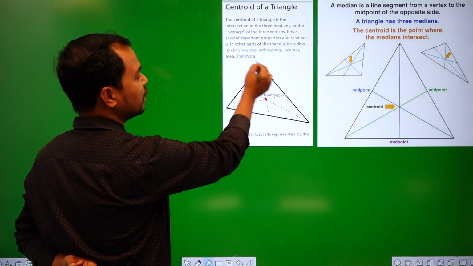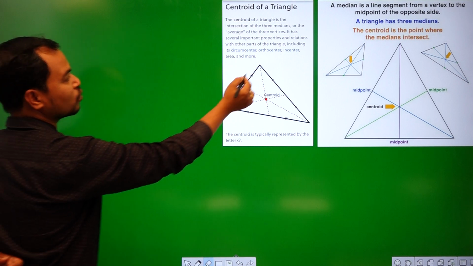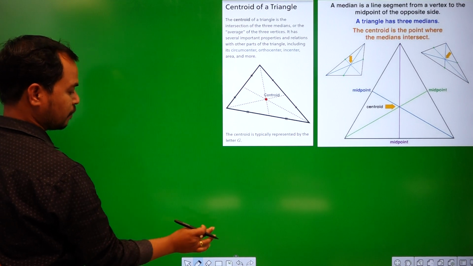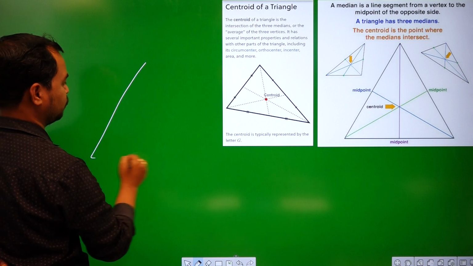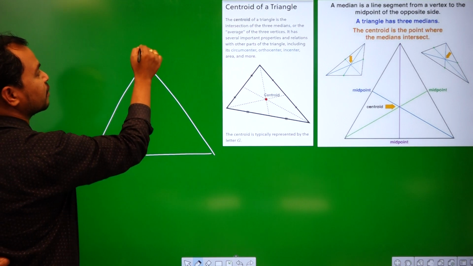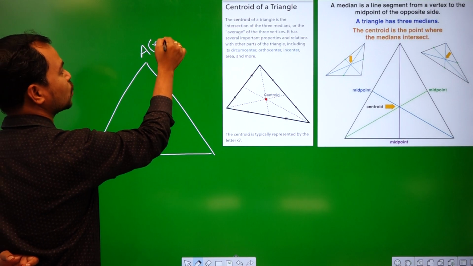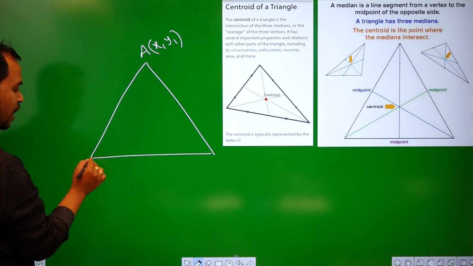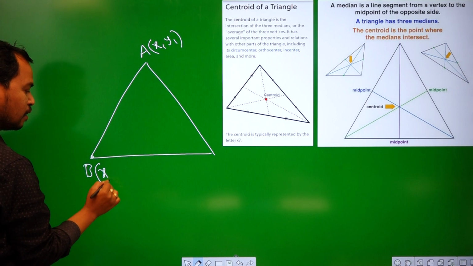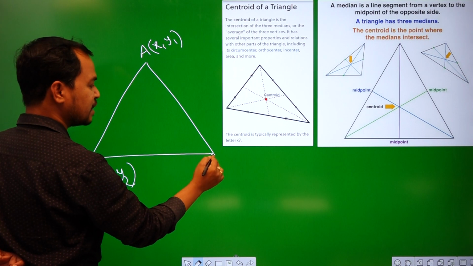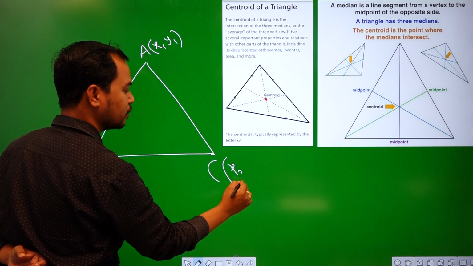Let this be a triangle. Every triangle has 3 vertices. Let us take A(x1, y1), B(x2, y2), C(x3, y3).